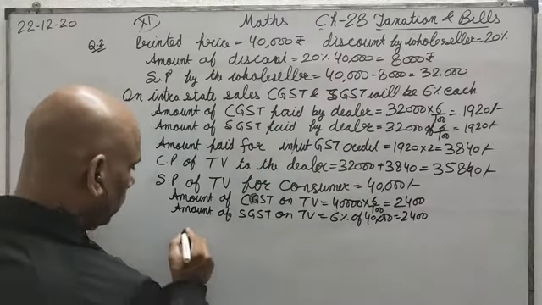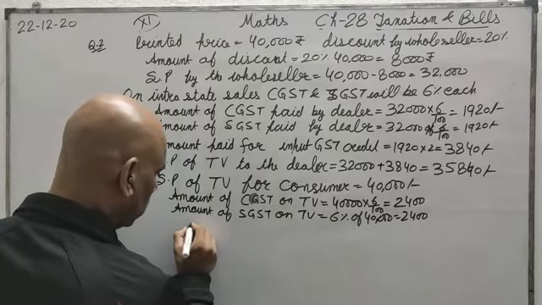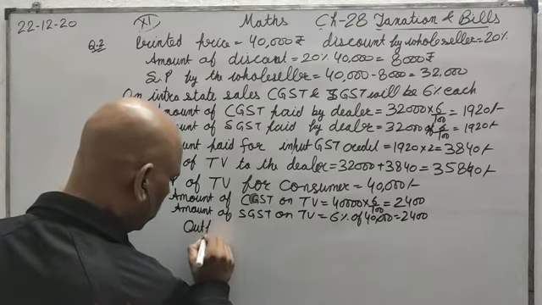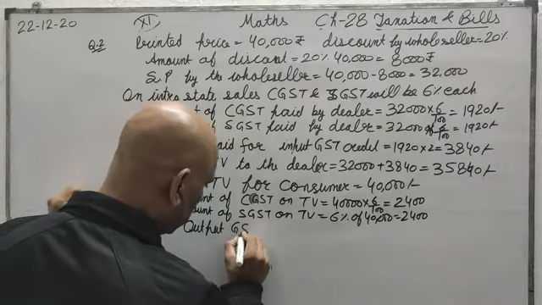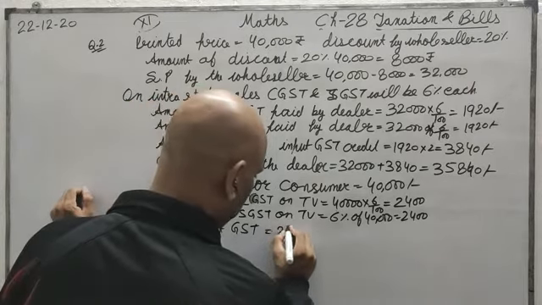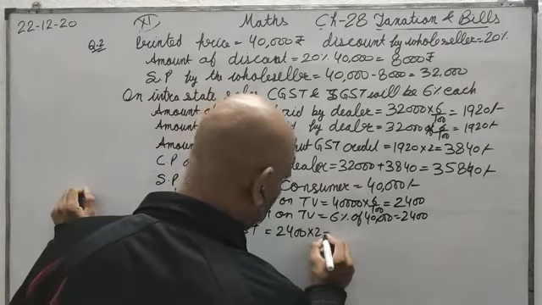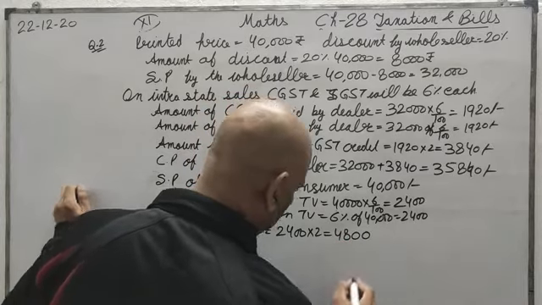So this is output GST is 2,400 into 2, 4,800.